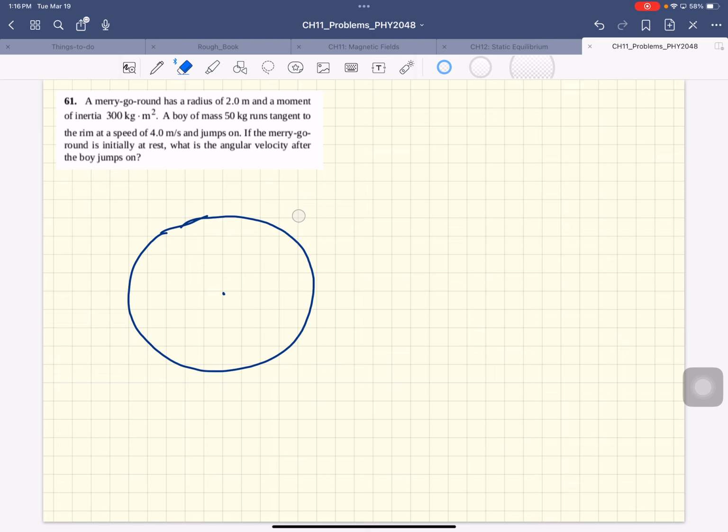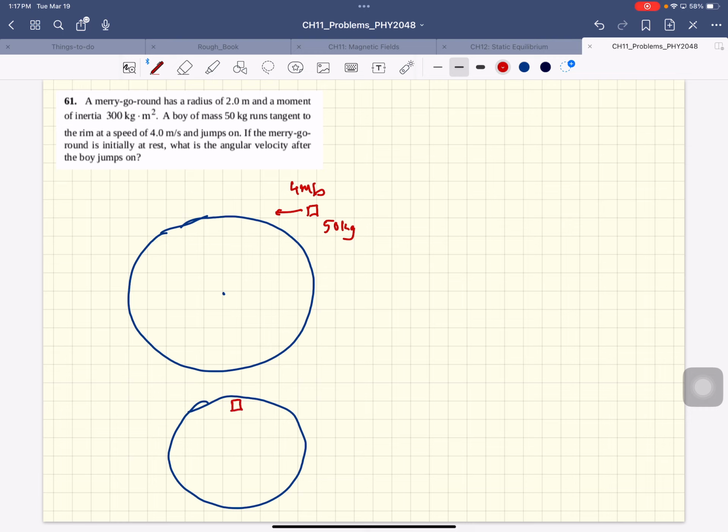So it's initially at rest. What is the angular velocity after the boy jumps on?